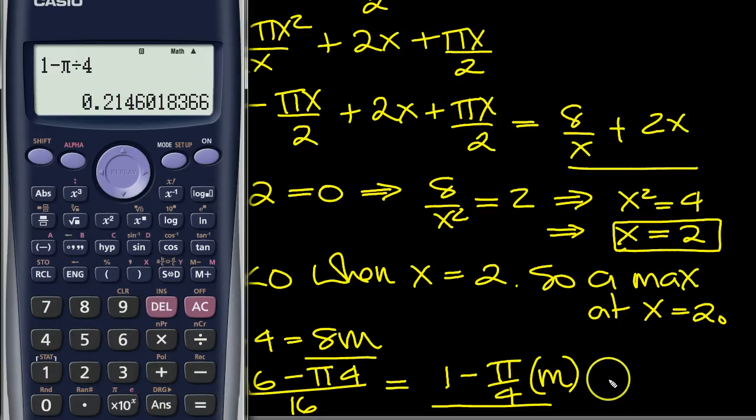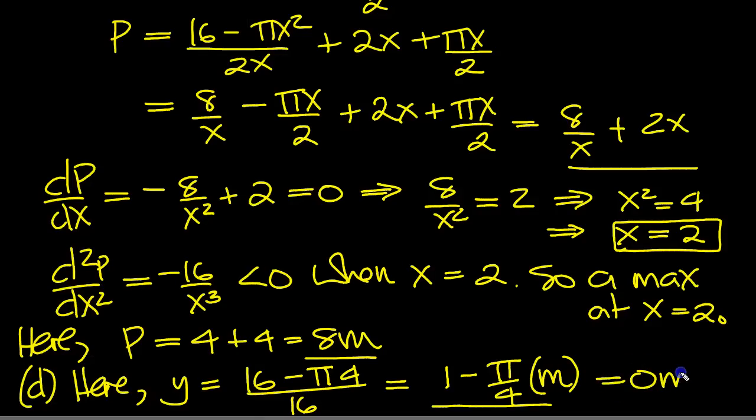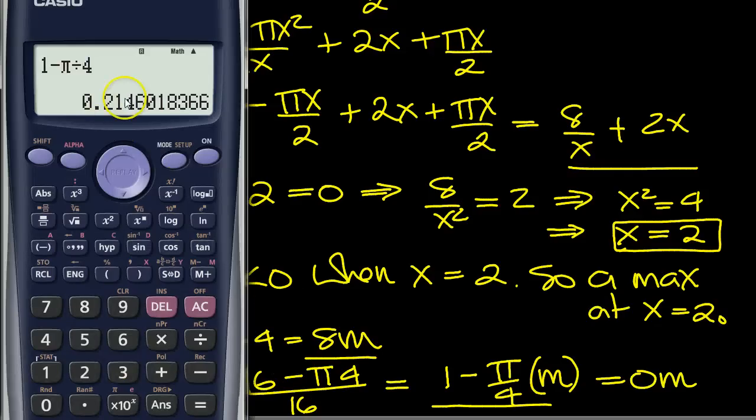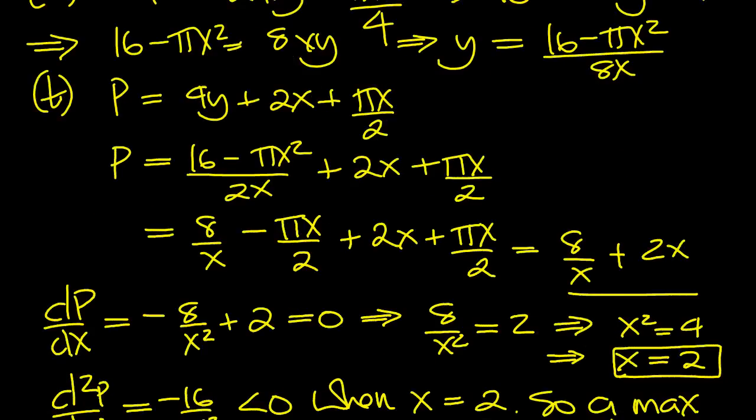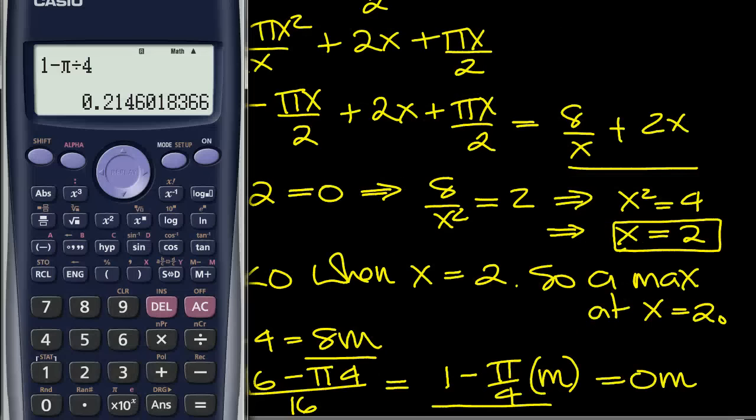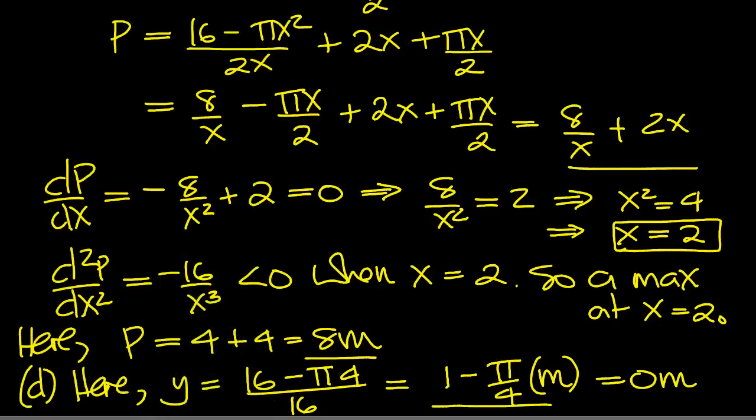I'm a bit worried because it's a very small number. So it's 0.21 meters. To the nearest centimetre, that's good news. 21 centimetres. Let me check it again: 21, yes. 21 centimetres, and that was to the nearest centimetre.